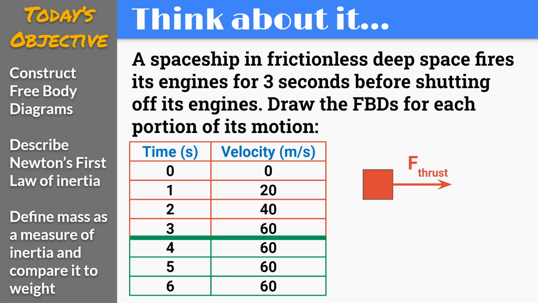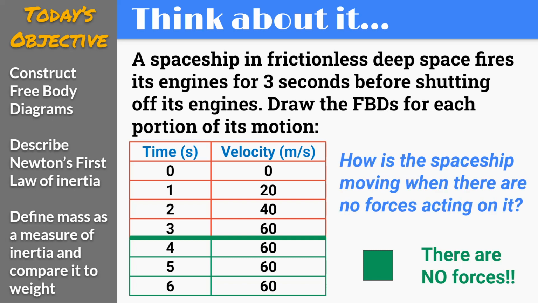That's what I did on my screen. But whenever the engines are cut off, what forces are acting on it? None, right? We're in deep space. You wouldn't be able to draw anything. There aren't any forces acting on it. That's why you have zero net force, zero acceleration, and constant velocity. You can see that in the data table as well.